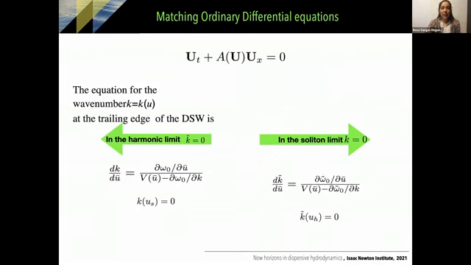And from this set of equations, they could derive the equation for the wave number at the trailing edge and at the solitary edge. So these are the matching equations, or general equations, that you may find in the literature. And from this, you can compute the macroscopic properties.